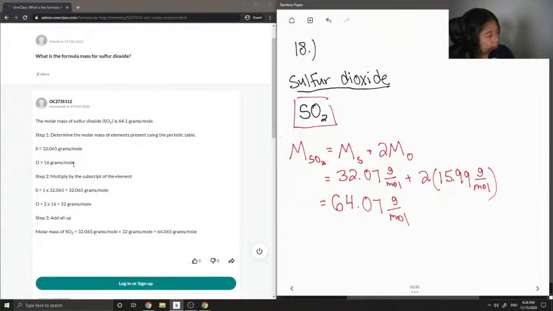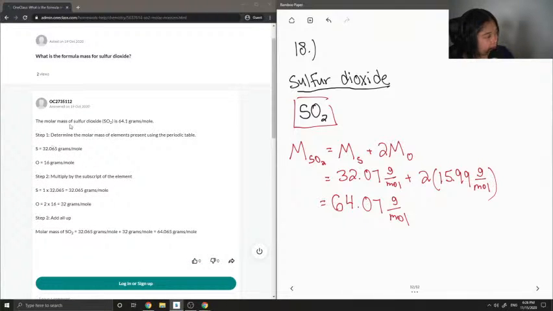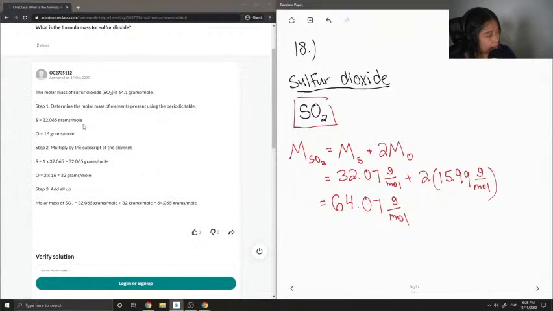Okay, so the junior tutor said the molar mass of sulfur dioxide, SO2, is 64.1 grams per mole. Step 1, determine the molar mass of elements present using the periodic table. Sulfur, 32.065 grams per mole. Oxygen, 16 grams per mole.